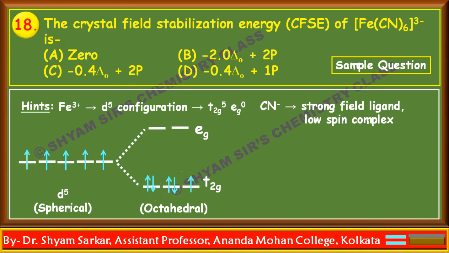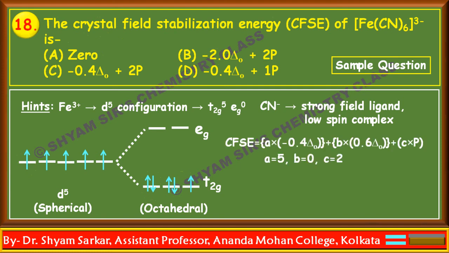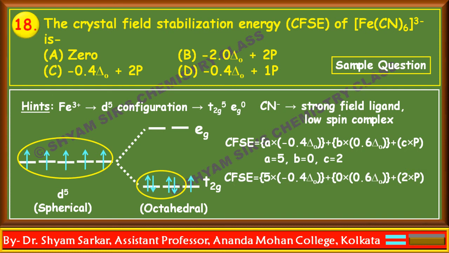So CFSE will be 5 into minus 0.4 delta O plus 0 into 0.6 delta O plus 2P. With respect to the spherical field, 2 additional pairings occurred here, so we will count 2P, and the CFSE becomes minus 2.0 delta O plus 2P. So this is the correct answer, and it matches with option B. So option B is the correct answer here.